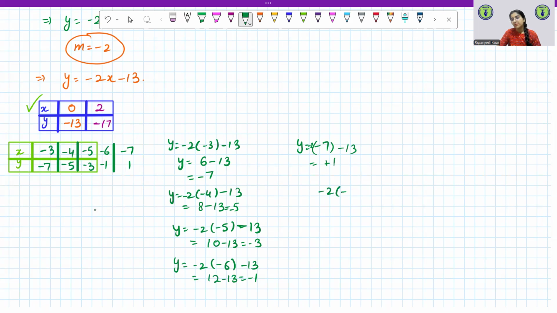Will a positive value come or a negative value come? So if we plug in negative 8, will a positive value come or negative value come? Positive 3, right?